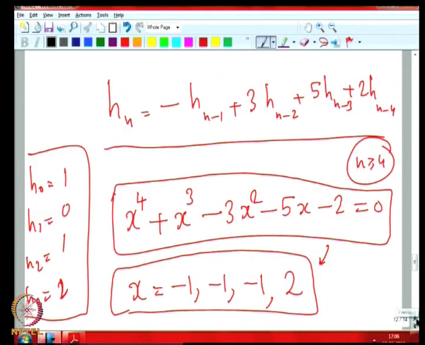The initial conditions were this: H0 is equal to 1. From that, what will you get?